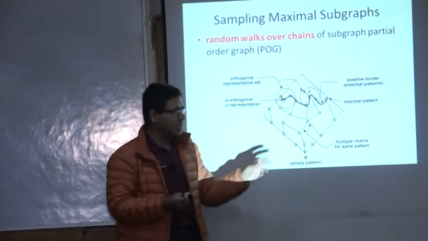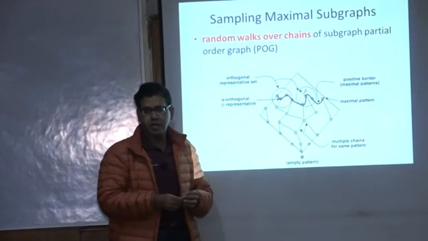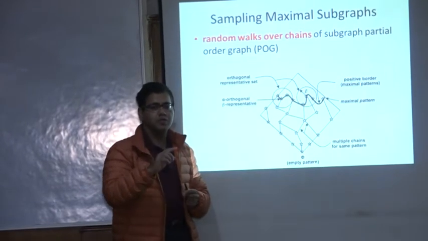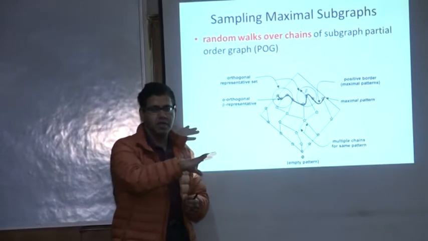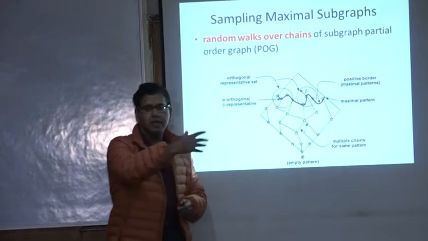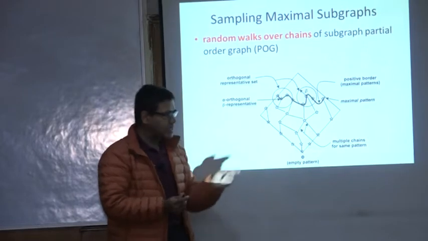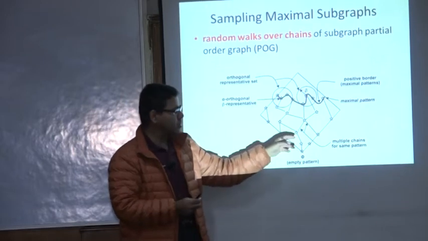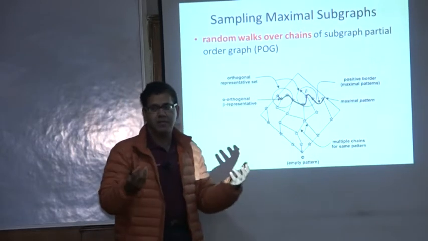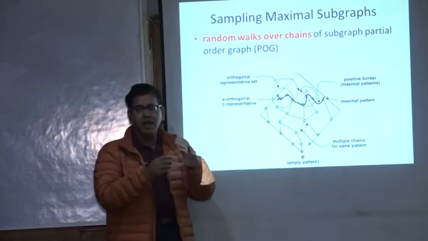So the question is, can you actually sample in this space? The sampling would be this notion of random walks. We saw random walks last time in the context of centralities. But you can use random walks on this space. You can also think of this as a graph, but a different graph: a graph of patterns.